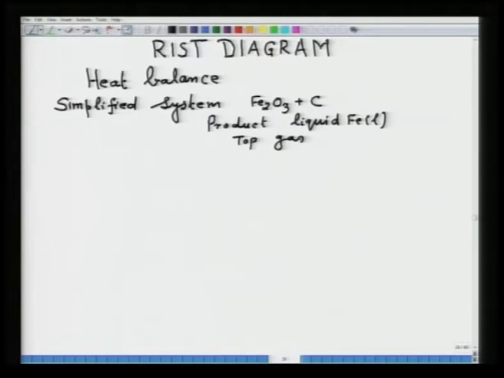So, in essence our consideration leads to the following heat balance diagram, that is a blast furnace.